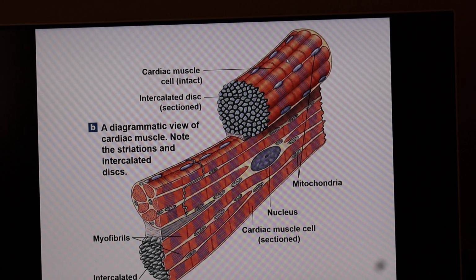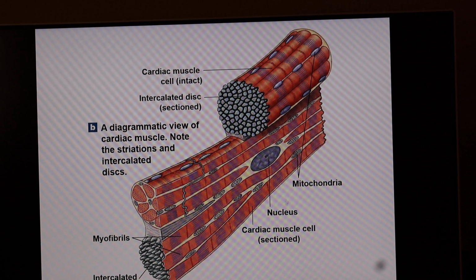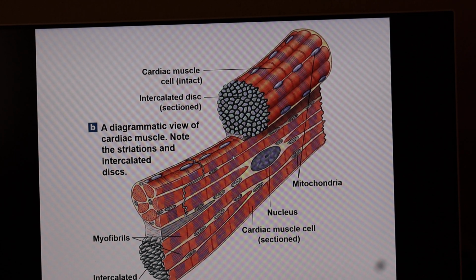They are found in the cardiac as well as in the skeletal. There's only one nucleus, and these are the mitochondria, lots and lots of them for energy production. The heart works very hard because it has to pump out blood to the rest of the body parts.